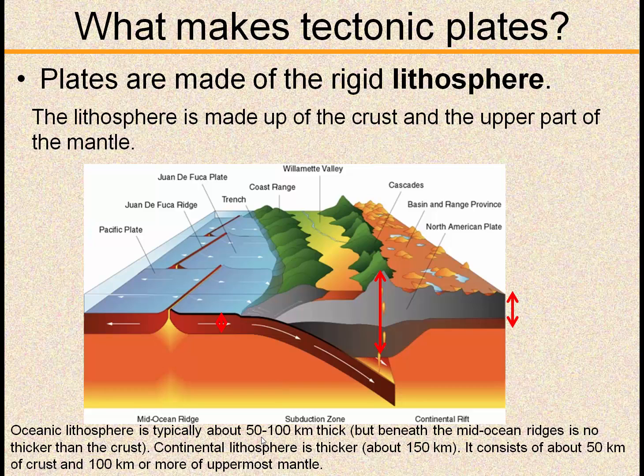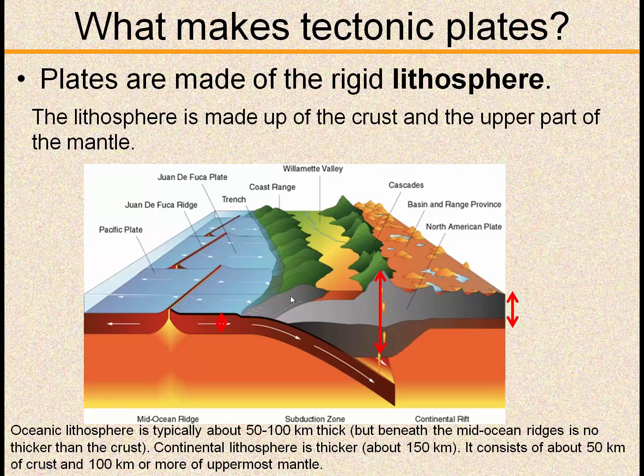Oceanic lithosphere is typically 50 to 100 kilometers thick in the regular ocean, while at the mid-ocean ridge it may be a lot thinner, maybe only 2 or 3 kilometers. Continental lithosphere is thicker, up to 150, but it consists of about 50 kilometers of the crust and 100 kilometers of the upper mantle.